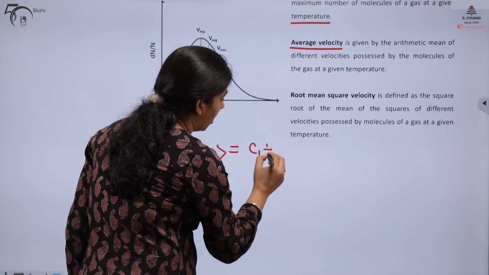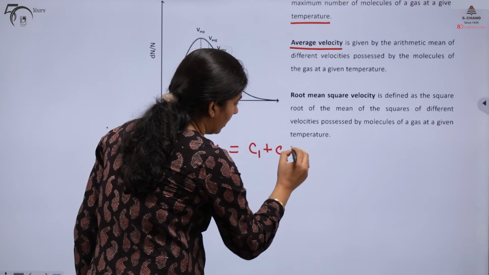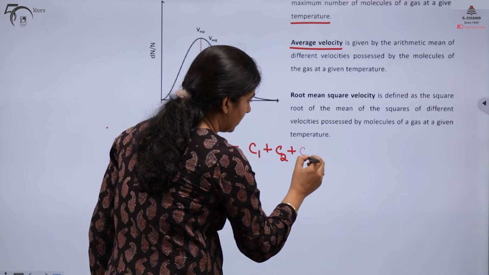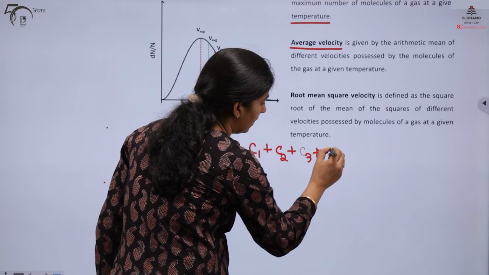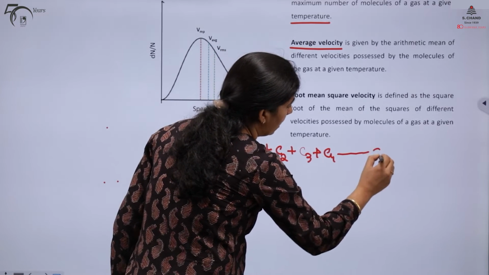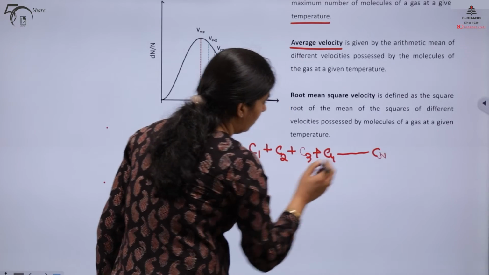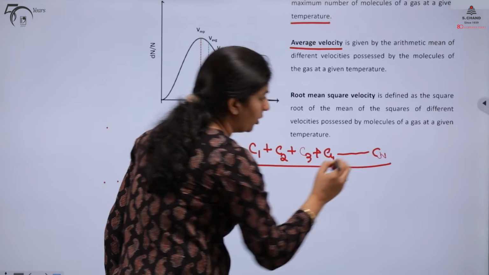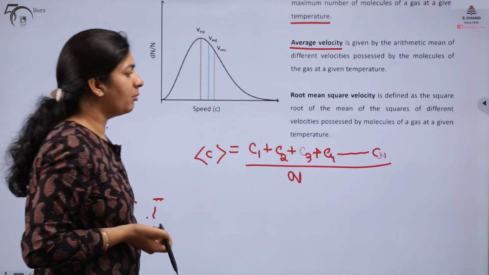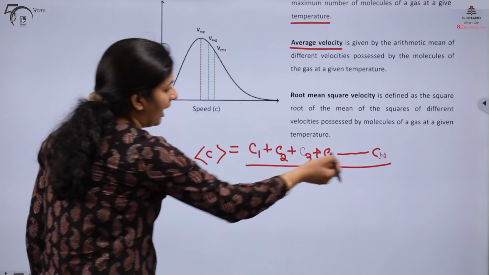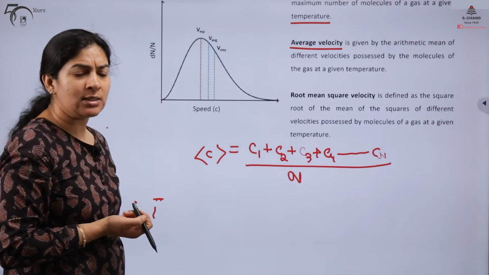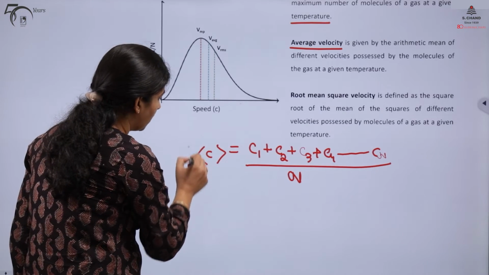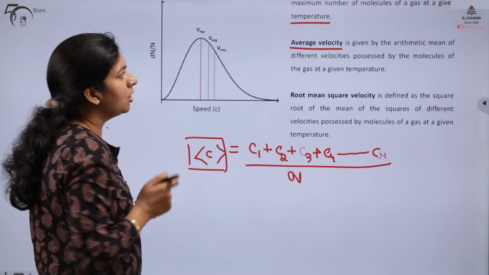Let's say different molecules have different velocities, C1, C2, C3, C4 and so on up to Cn, and n is equal to the total number of molecules. Taking the average of all velocities, we define this velocity, which is called the average velocity.